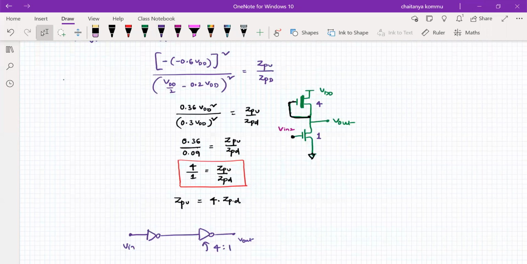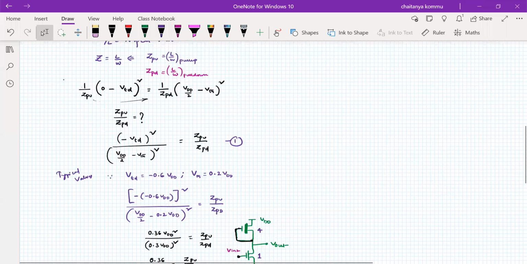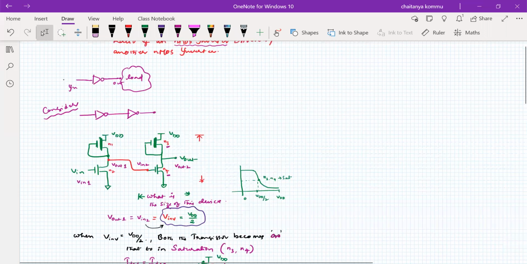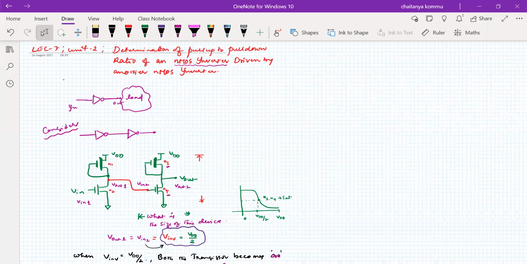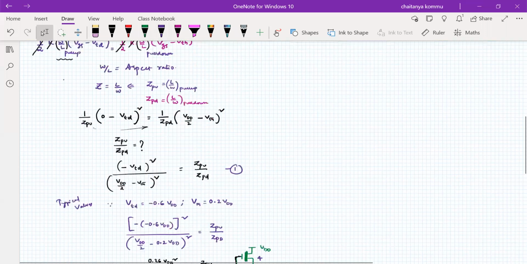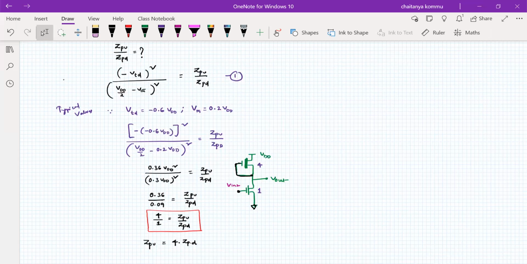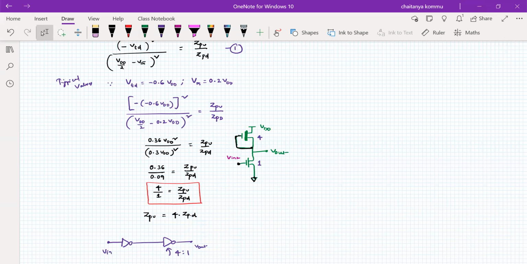So this is a small topic related to the pull-up to pull-down ratio of an inverter, that too an nMOS inverter. Any doubt, please let me know. I will explain that concept.